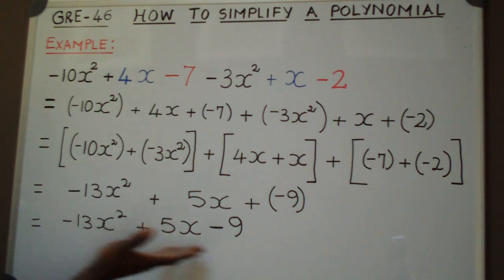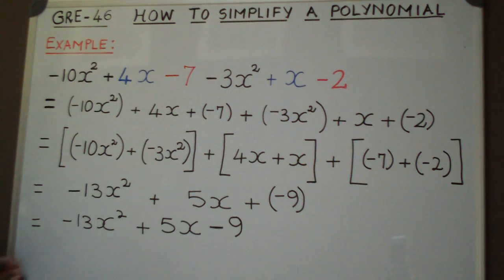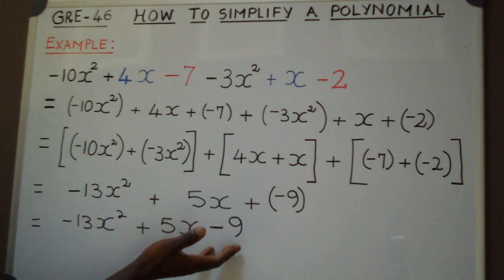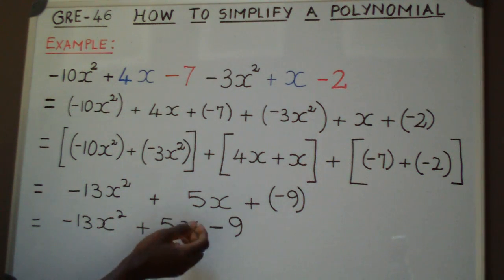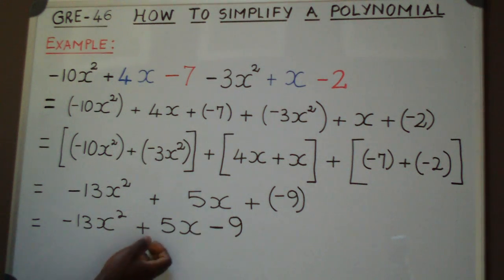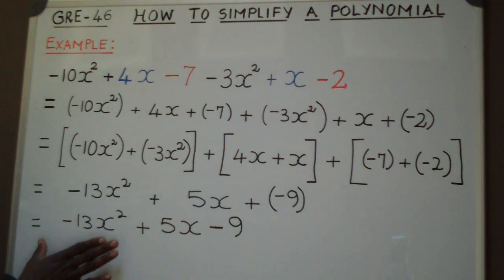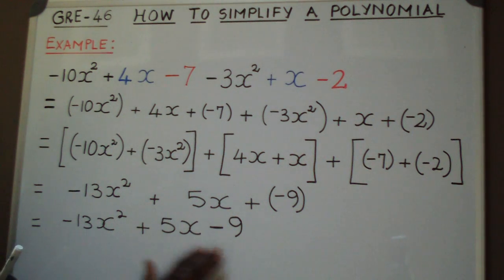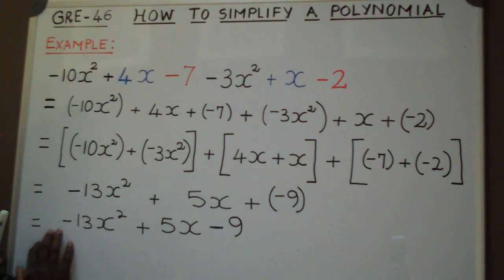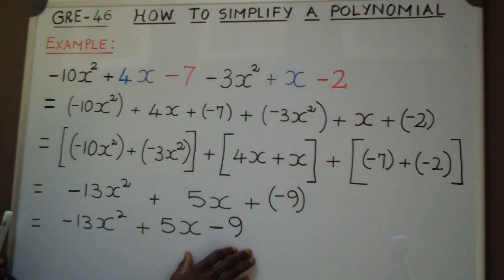So at this point, we can see that what we have gotten here is a polynomial with 3 terms. In other words, our final answer is a polynomial that is made up of only 3 monomials. Okay? Now, before stopping, we have to make sure that this final answer is in standard form.